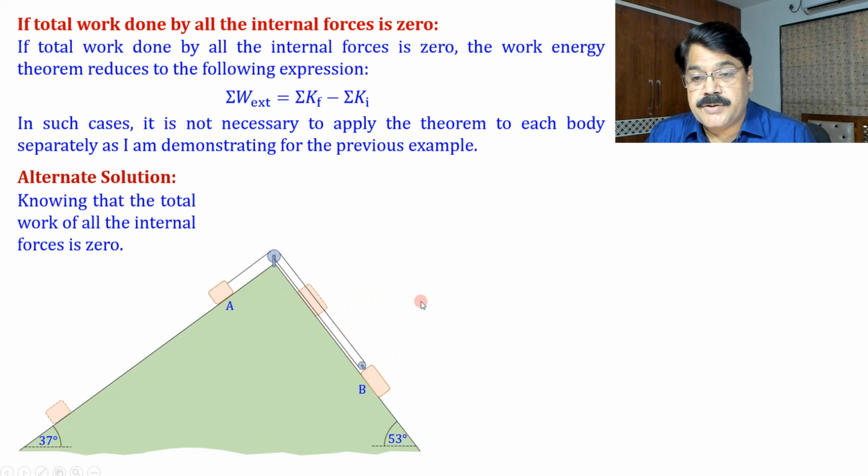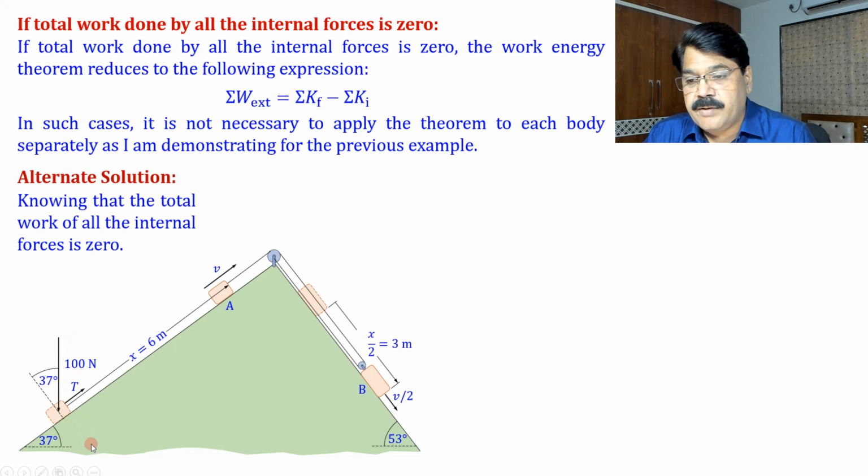In the final position, this block slides x equal to 6 meter, so the other slides x by 2, which is 3 meter. Suppose its velocity is v, its velocity will be v by 2. Now we have to consider only the work done by external forces. So this T and this 100 Newton and normal, I am showing all the forces.